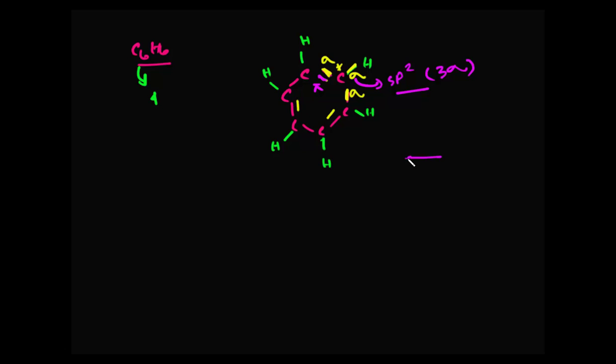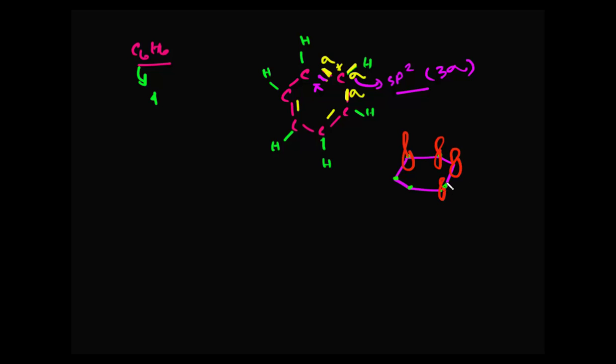So if we look at the actual structure of benzene, it will look like this. In the hexagon, each position defines the position of a carbon. Okay, so now put the unhybridized p orbital.